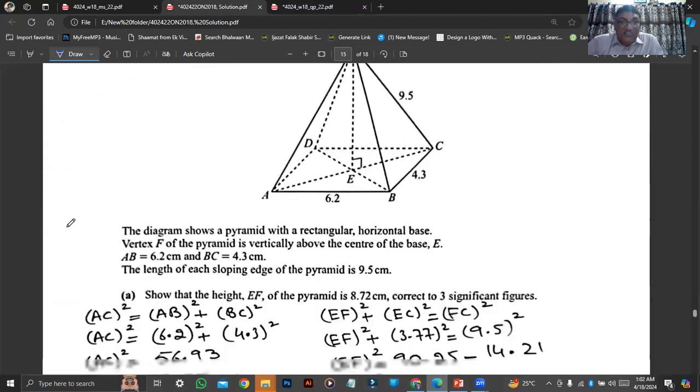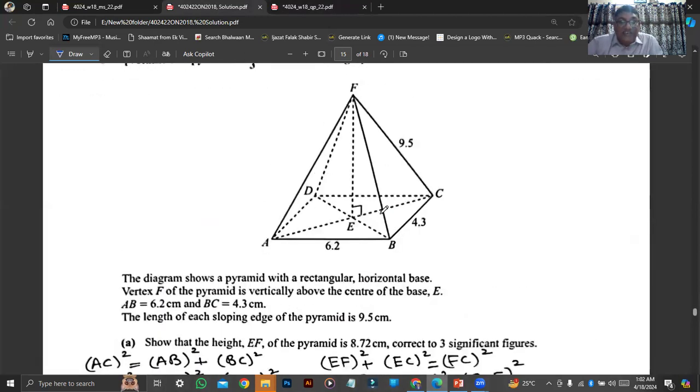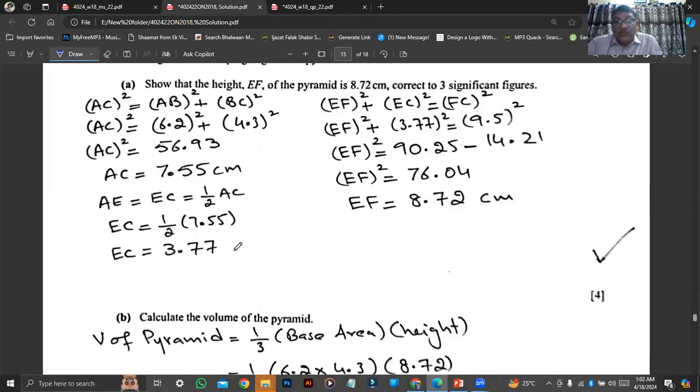So then this triangle FEC is also a right angle triangle. You know the value of the EC, you know this hypotenuse FC, and that is 9.5. So you can very easily find the EF, which is the height of this pyramid. So EF square plus EC square is equal to FC square. FC is 9.5 square, EC is 3.77 square, plus EF square.